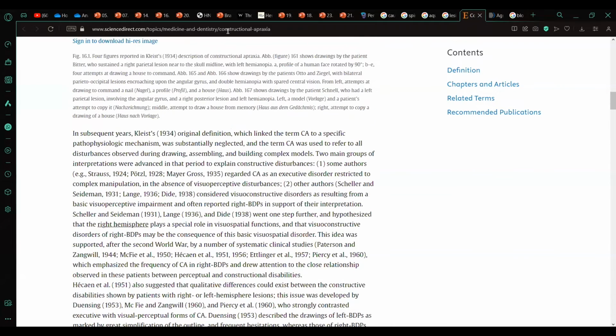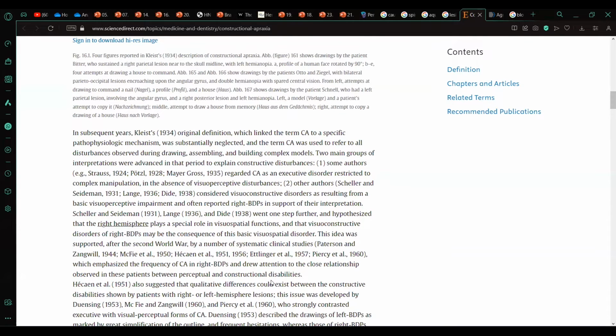Okay, I think just for the sake of the slides, keep it as damage to parietal lobe. Okay, does that sound good? Thank you, by the way, for pointing that out.